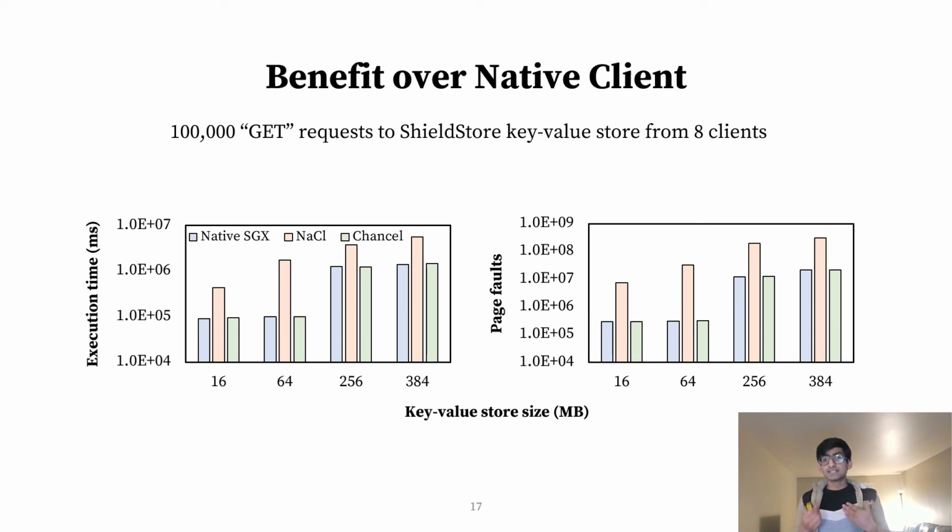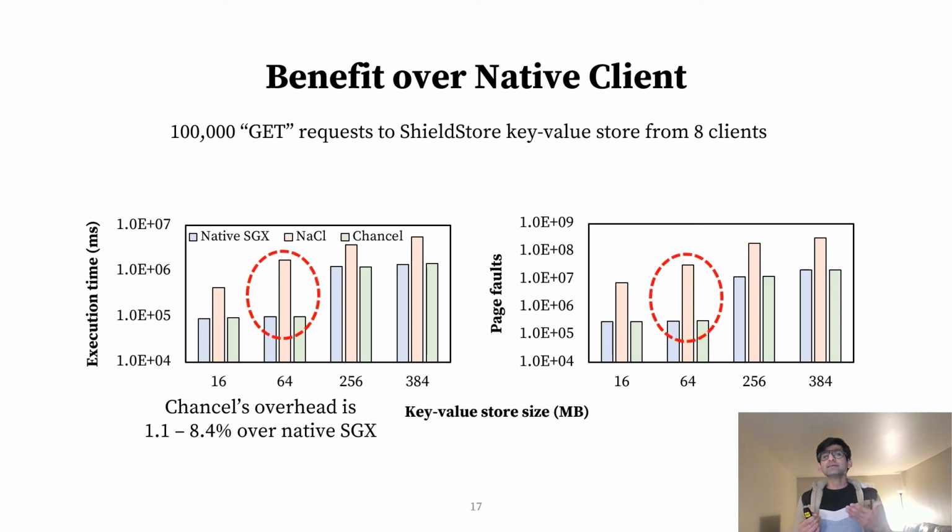In contrast, Native Client implements 8 different processes, 1 process for every single client. The overhead of Chancel over native SGX was only between 1.1% to 8.4%. More importantly, the benefit of Chancel is significant.